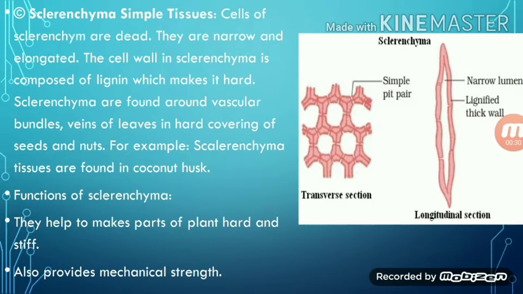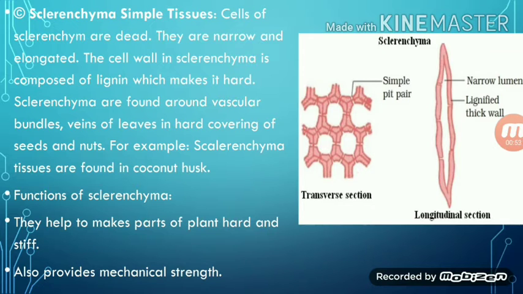The cell wall in sclerenchyma is composed of lignin, which makes it hard. They are dead, their cell wall is composed of lignin, and they are hard. So you have to compare with all the types of tissue.